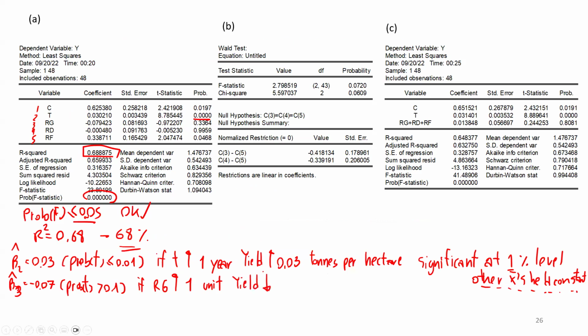So it's very weird, right? Yield decreases 0.01, but insignificantly.